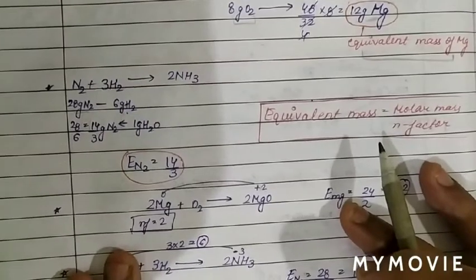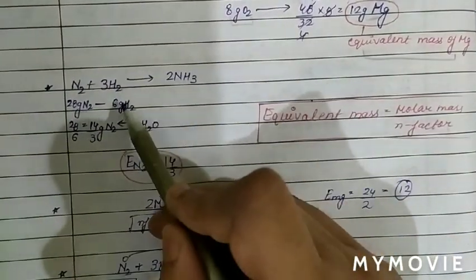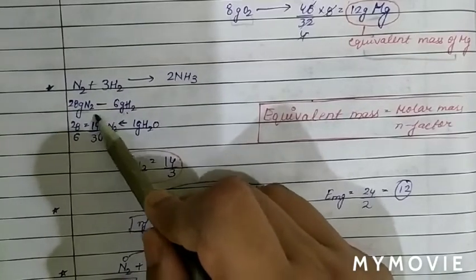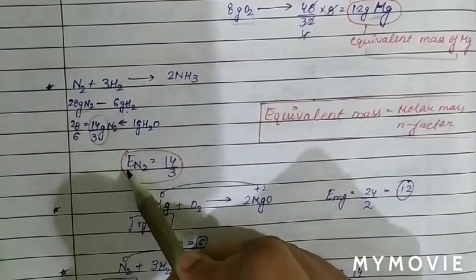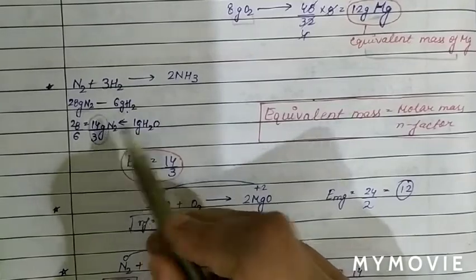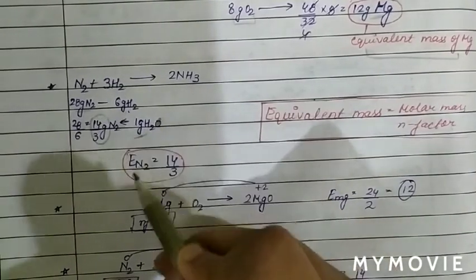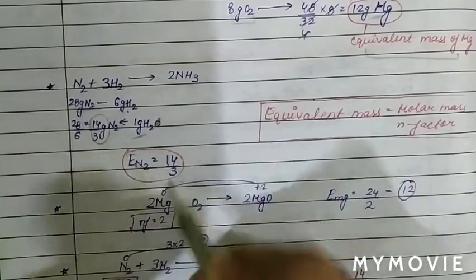So in formation of NH3, 6 gram hydrogen combines with 28 gram, so 1 gram will combine with 14/3 gram of nitrogen. So equivalent mass is the mass of element that combines with 1 gram of hydrogen. So basically we can say that equivalent mass of nitrogen is 14/3.